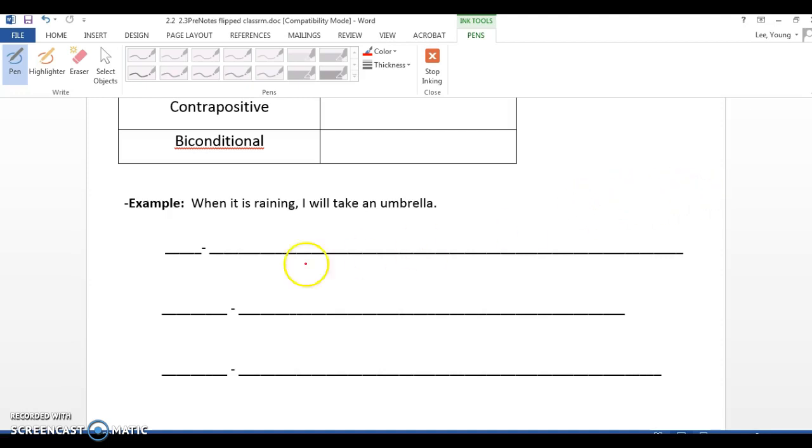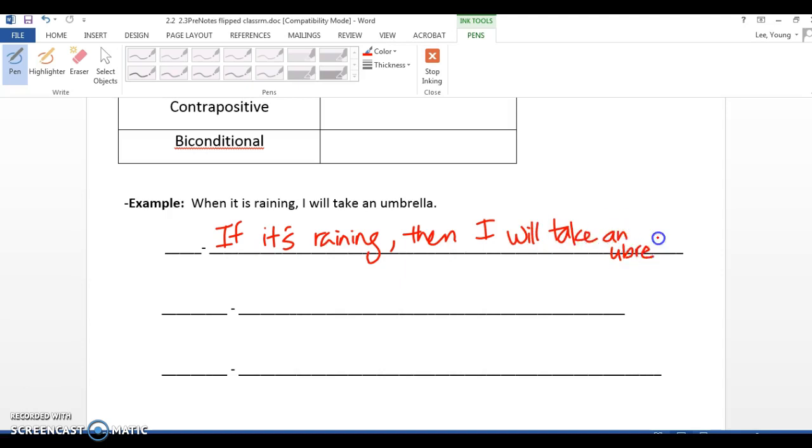So the conditional statement of that is, if it's raining, then I will take an umbrella. That is my conditional statement.